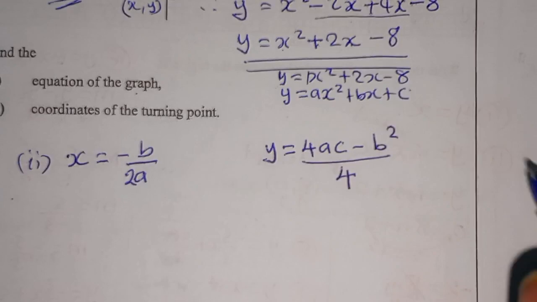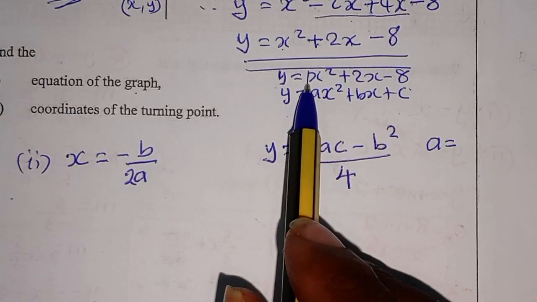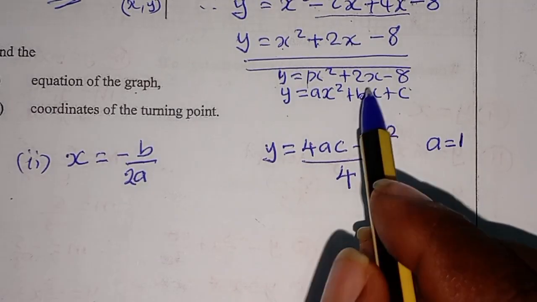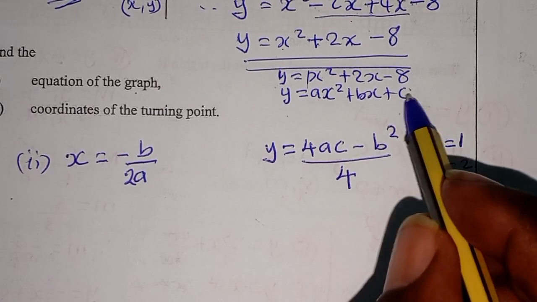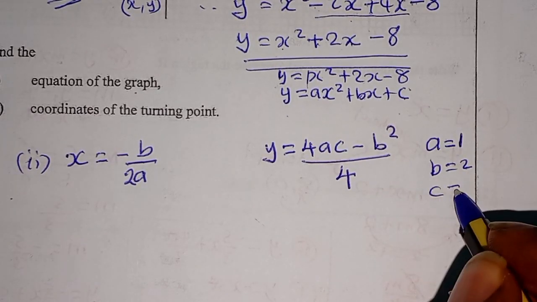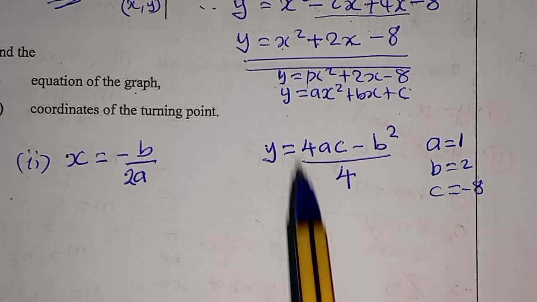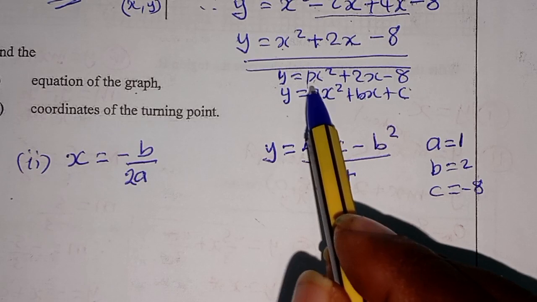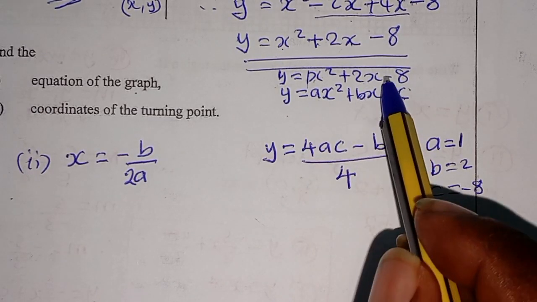So we shall say the value for a is 1, the value for b is 2, and the value for c is negative 8.